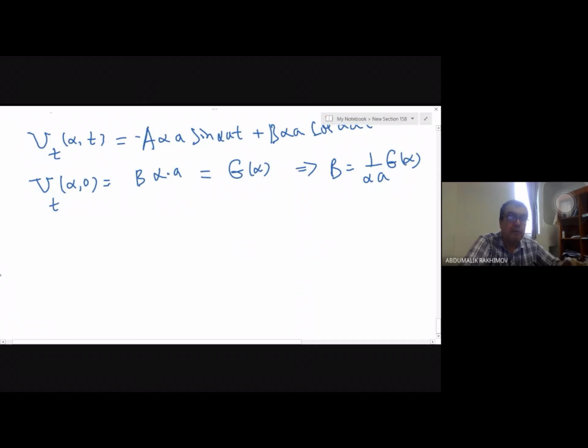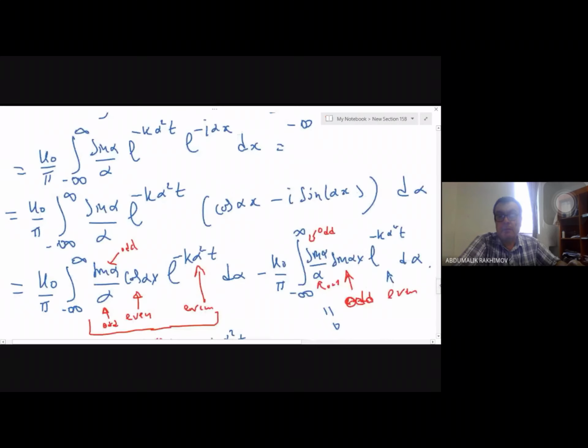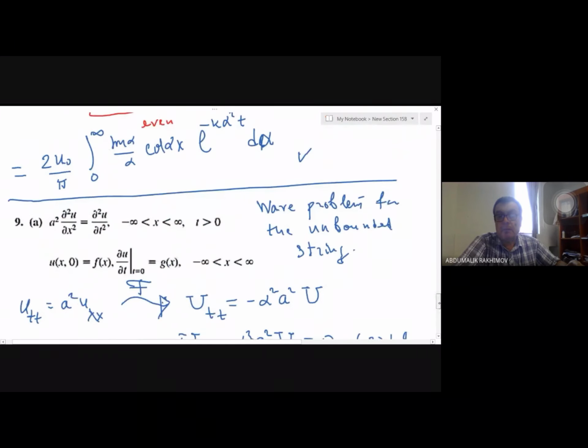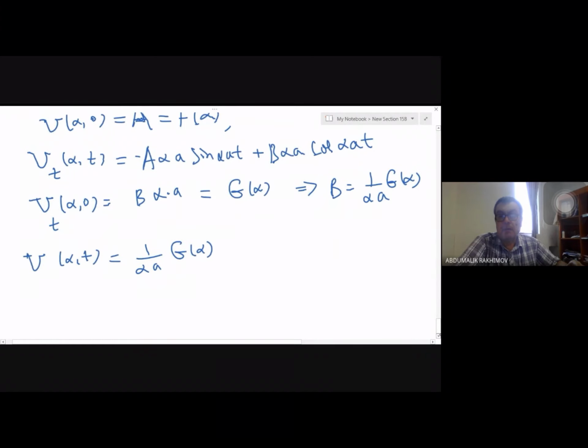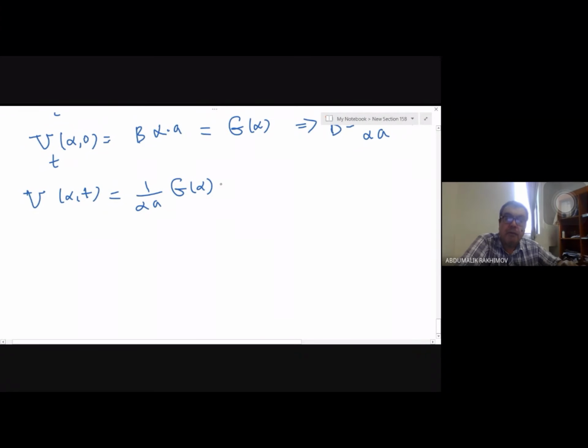Now I can substitute G and A into the equation solution, then I can find the solution of each function, right? U alpha T is equal, B equal to this, 1 over alpha A, G alpha, sine alpha AT, right?